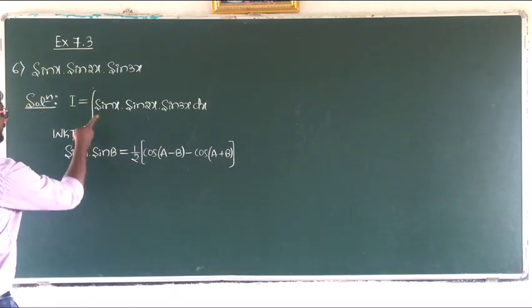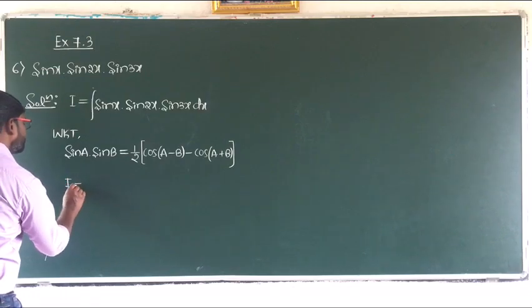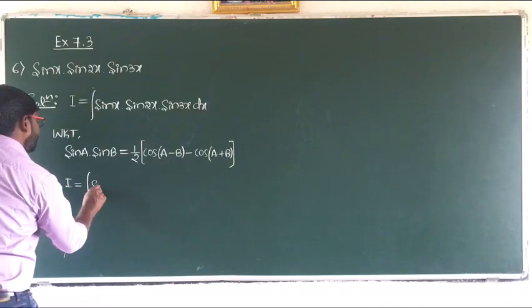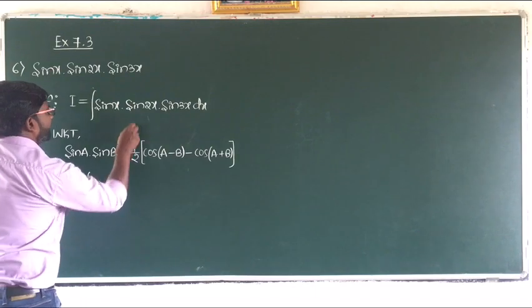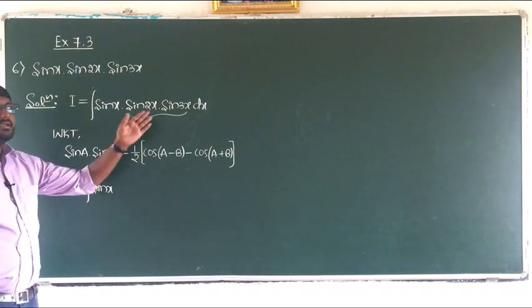So now let us make use of this formula for this integrand I, which is equals to integral sin x. I write it as it is. Now for these two I am going to apply the sin A into sin B formula.